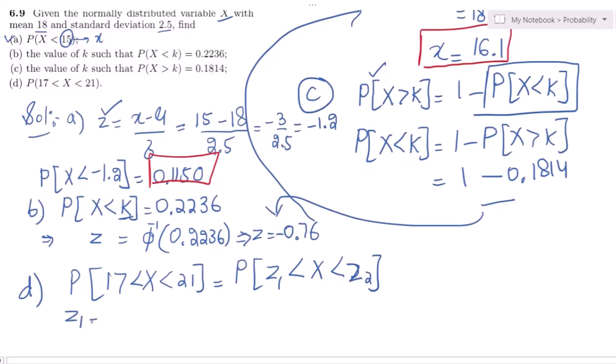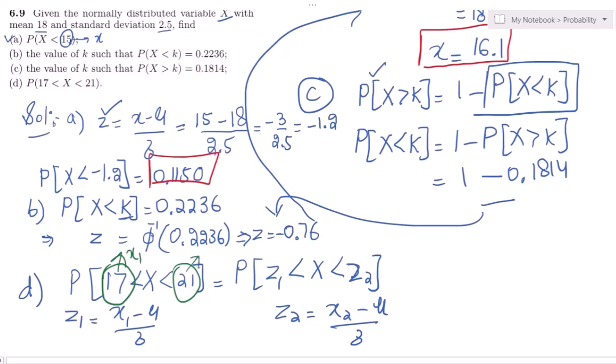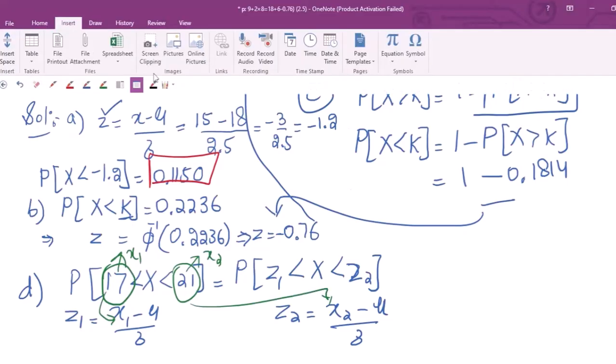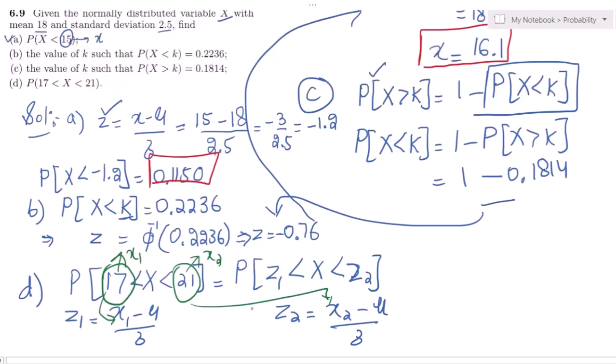In order to find the value of z1, we have x1 minus mu divided by sigma, and this is z2, which is x2 minus mu divided by sigma. This is x1, this is x2. You have to put it here. Okay, let me solve it.